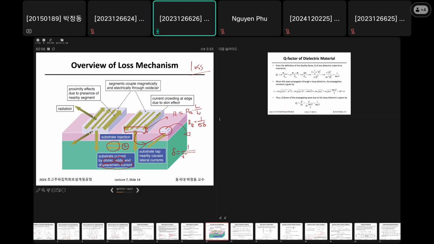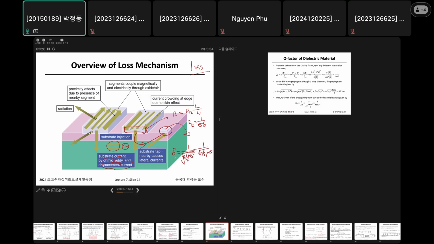Square root of 1 over pi f mu sigma, or square root of 2 over omega mu sigma. Okay, good. This is just a square root of pi f mu sigma, right?